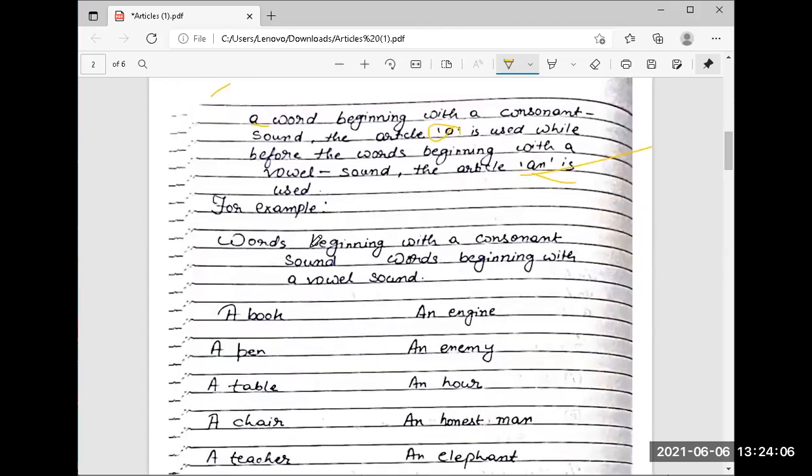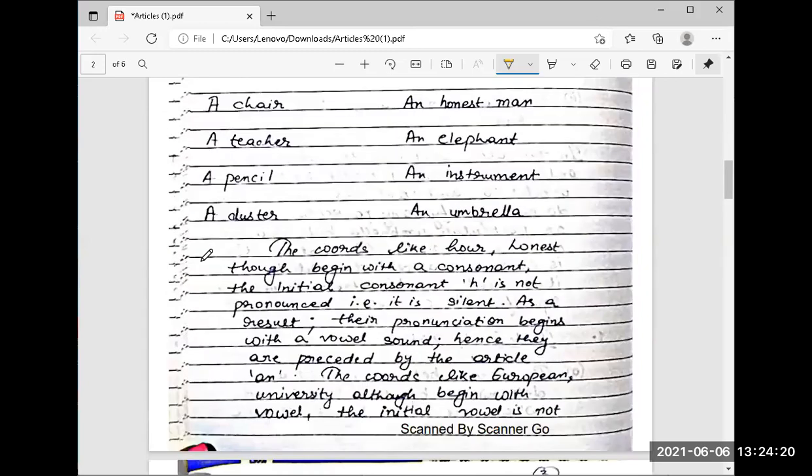And sometimes we know a, e, i, o, u. We write a and an because they are the vowels. But some of the words like university, hour, there also we use an because these words are pronounced that way.